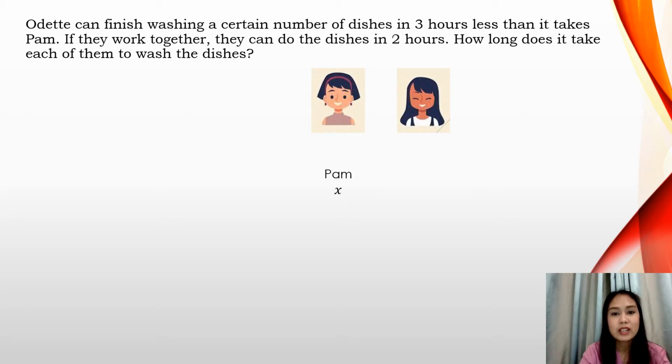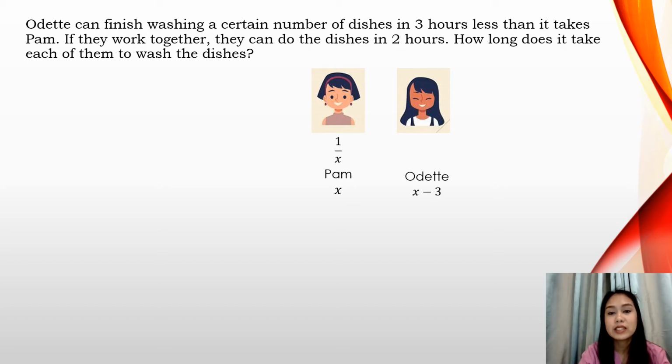Pam is not specified how many minutes she can finish washing the dishes. It was not stated in the problem, so we can assign x as the number of minutes Pam can finish washing the dishes. So that will be represented as 1 over x.